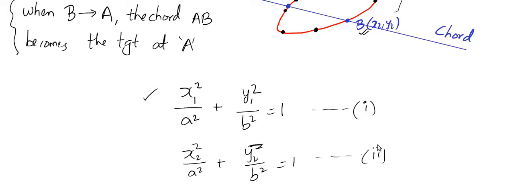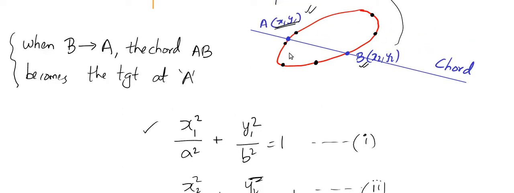Now let's call this equation 1 and this equation 2. And I'll tell you very clearly, what I am trying to find is the slope of this chord. What am I trying to find? The slope of this chord. Slope is given by y2 minus y1 by x2 minus x1. I'm sure you have learned this in your younger classes. Slope of a line passing through x1, y1 and x2, y2 is given by y2 minus y1 by x2 minus x1.